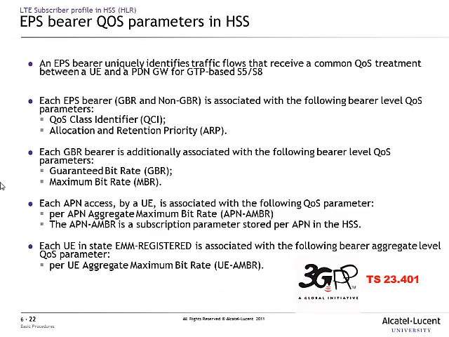Now, last week we talked a little bit about the quality of service that an EPS bearer can have. We said that each EPS bearer can either be GBR, guaranteed bit rate, or non-guaranteed bit rate, and associated with each one of them is a class identifier, a QCI, and also an allocation and retention priority.